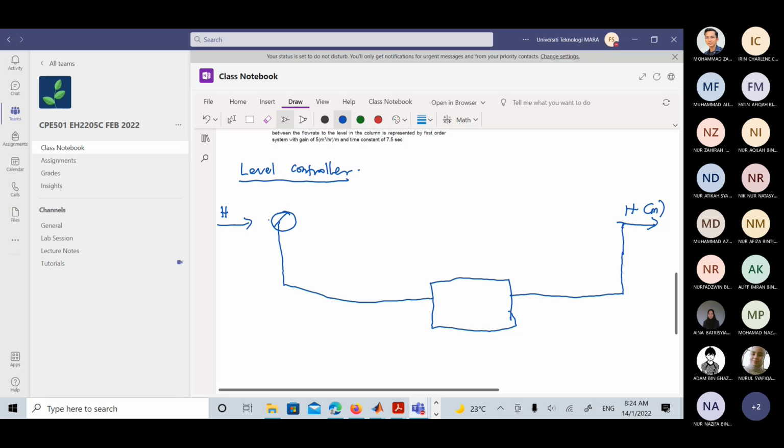So for feedback, we receive the information from the set point, and then basically the controller will measure the error.